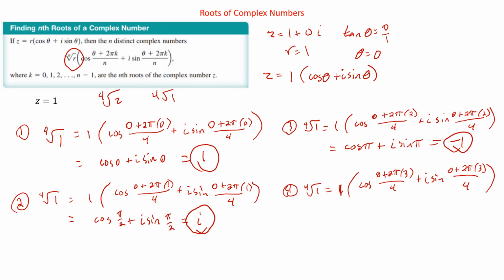And then cosine of 6 pi over 4 is 3 pi over 2 plus i sine 3 pi over 2. And that gives us 0 plus i times -1, which is -i. So these are the 4 fourth roots of 1.